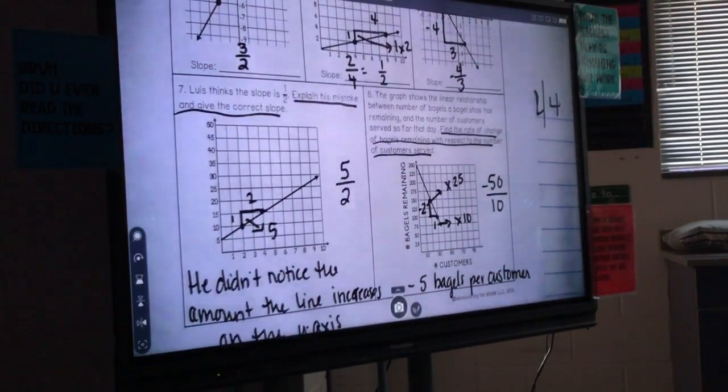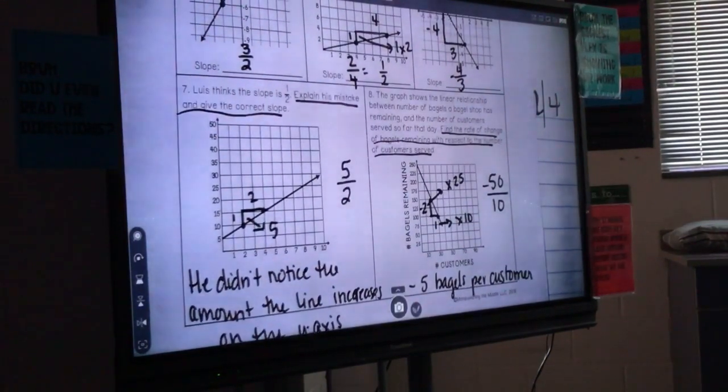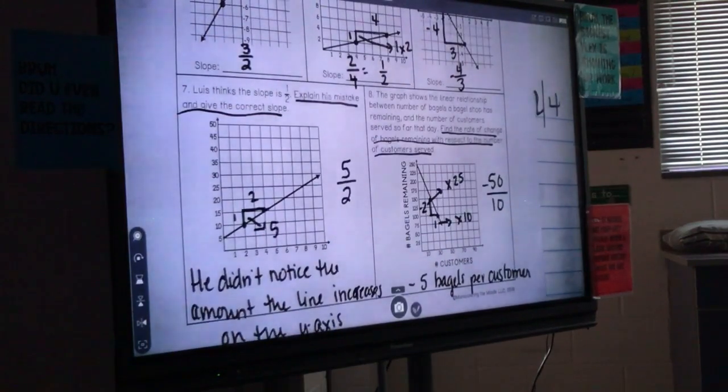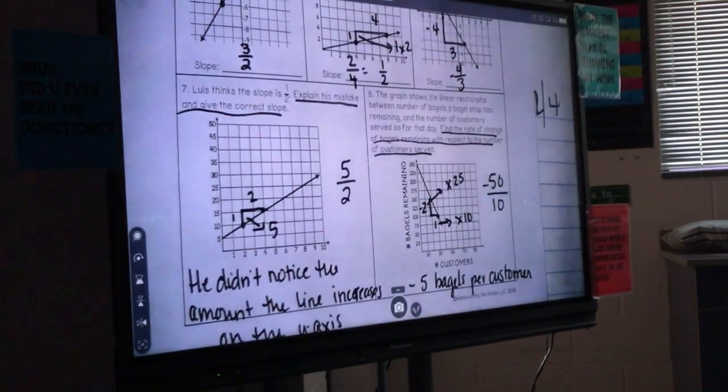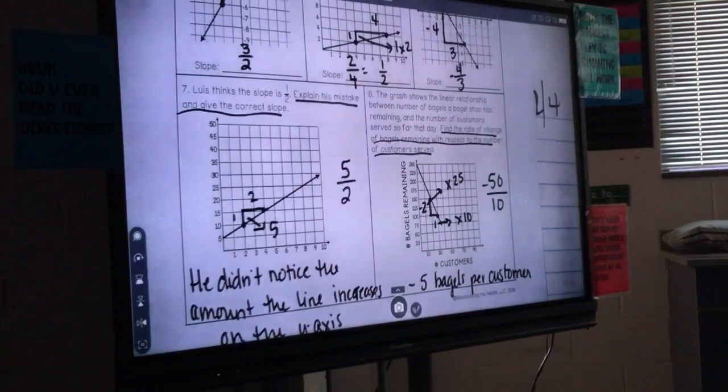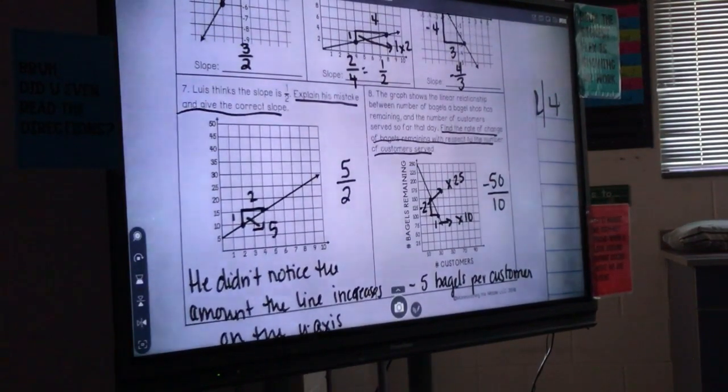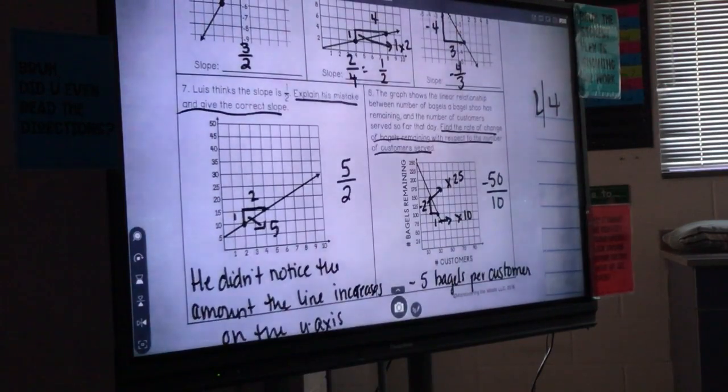Did I move over 1 or did I move over 2? 1. So does that explain why I only multiplied it by 10 and not 20? All right, so you end up with -50/10. When you simplify that, that's -5 bagels per customer. Please make sure that you get this glued into your notebook.